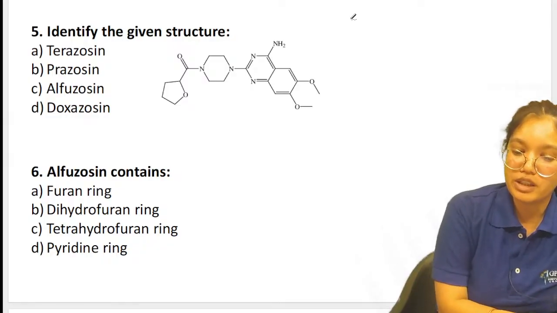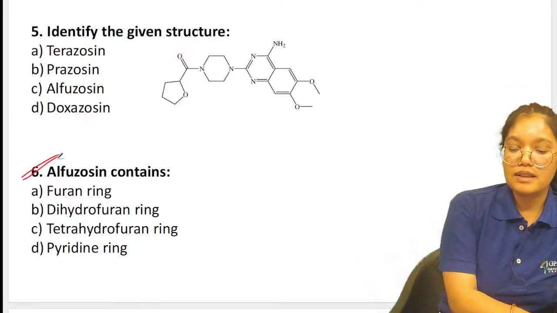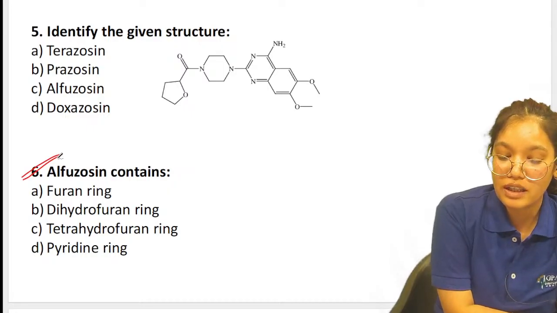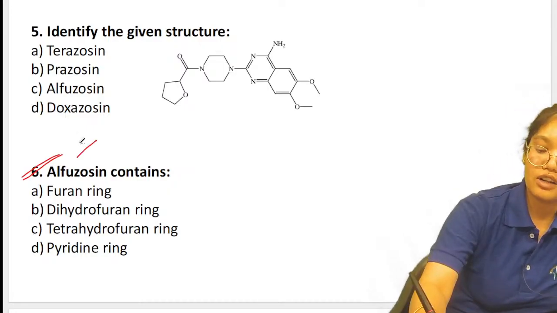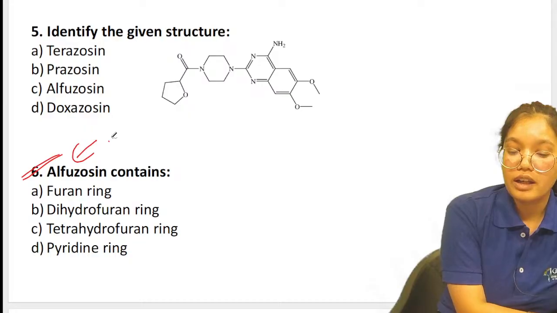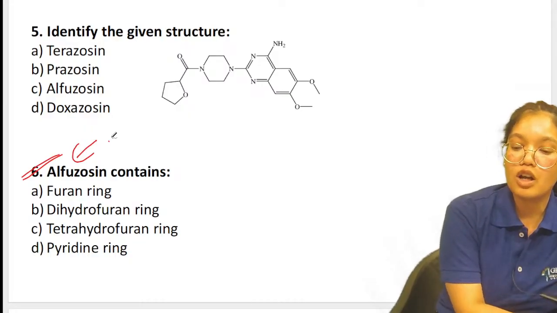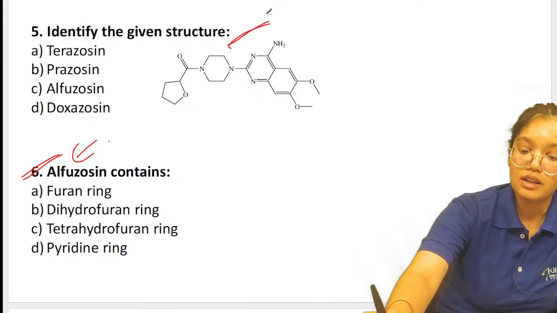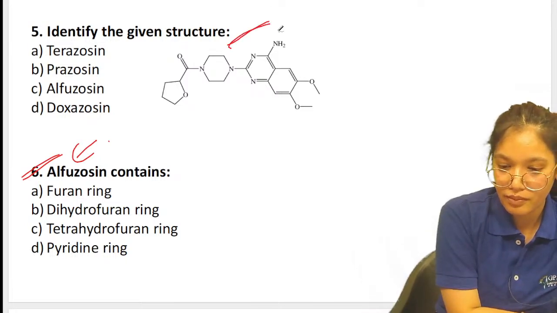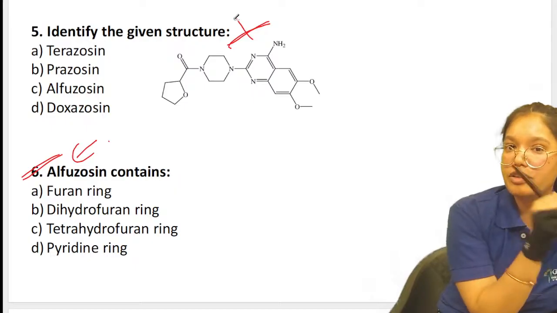Okay, remember it. Then the sixth question: alfuzosin contains which ring? The structure of alfuzosin is almost the same as terazosin. No, alfuzosin has a different structure.